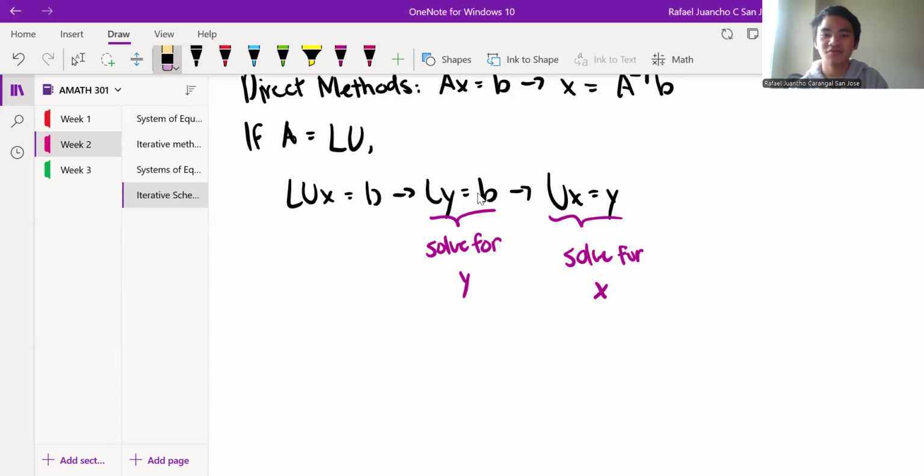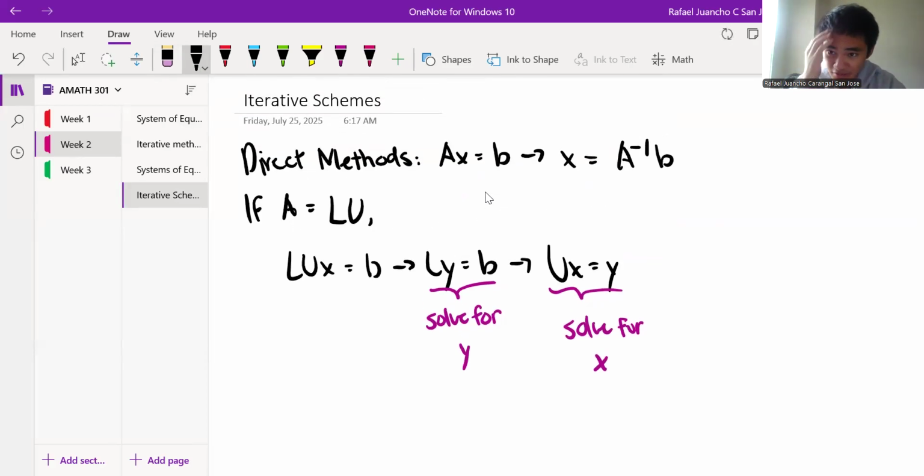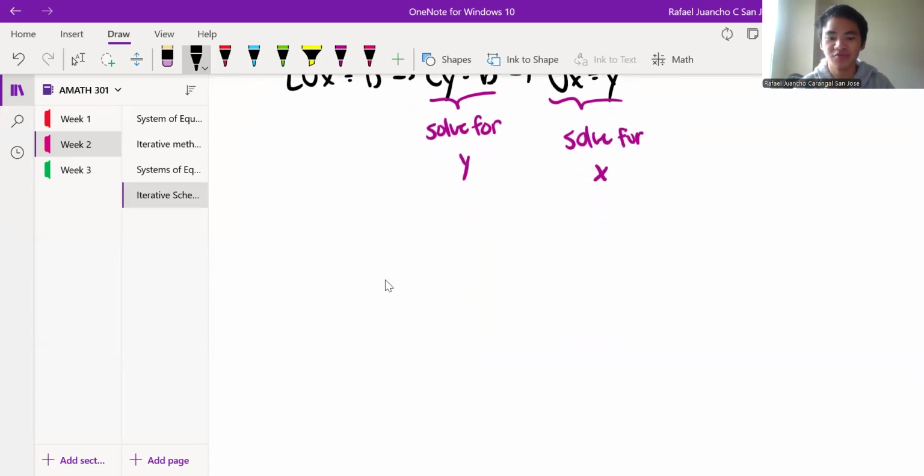So the whole thing takes O of N squared if we decompose it, right? We did talk about that. But if we did not decompose it, it would take O of N cubed, which is much, much slower. So if we're given a linear system like this, it's usually better to use decomposition in some way, shape, or form. It's way more efficient.